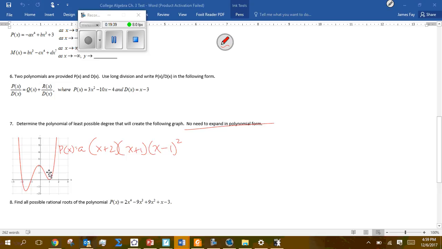But the key thing to notice is that we have a critical point on here. We have a y-intercept of what looks like, maybe not the y-intercept. Let's not look at the y-intercept. Yeah, that's y-intercept's fine.